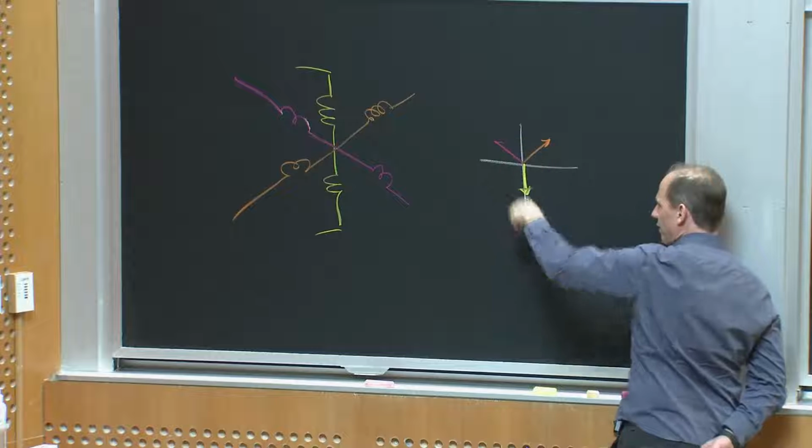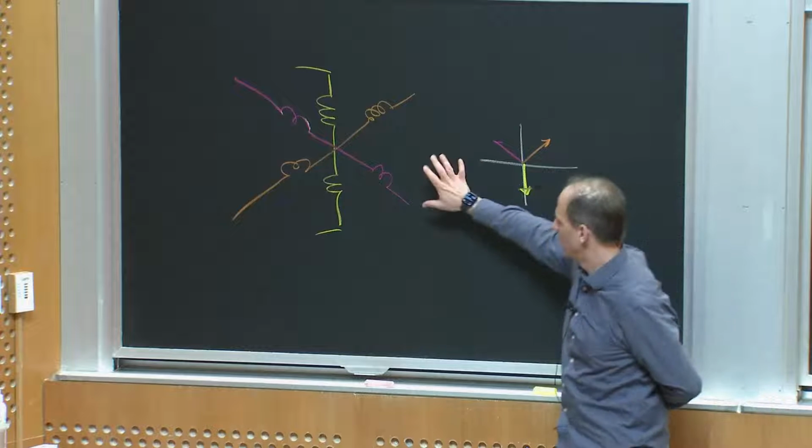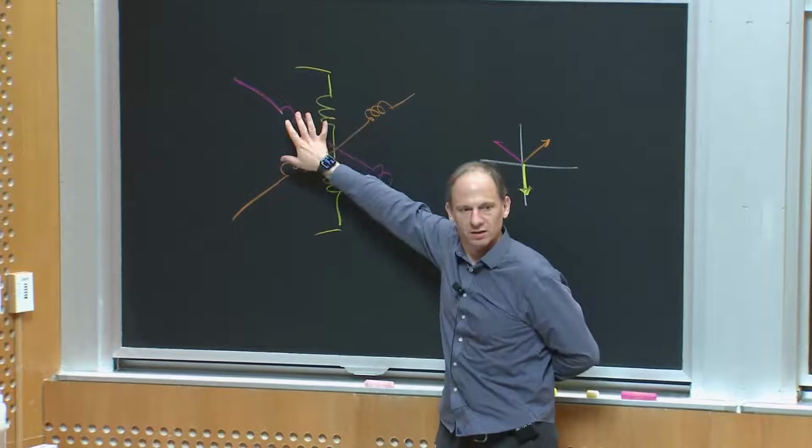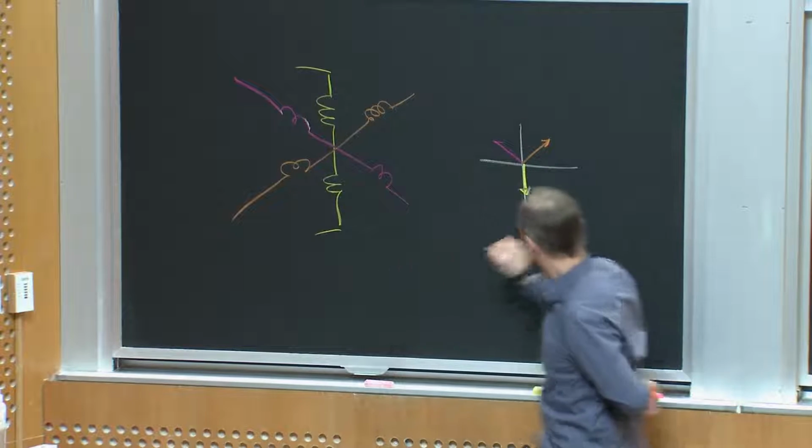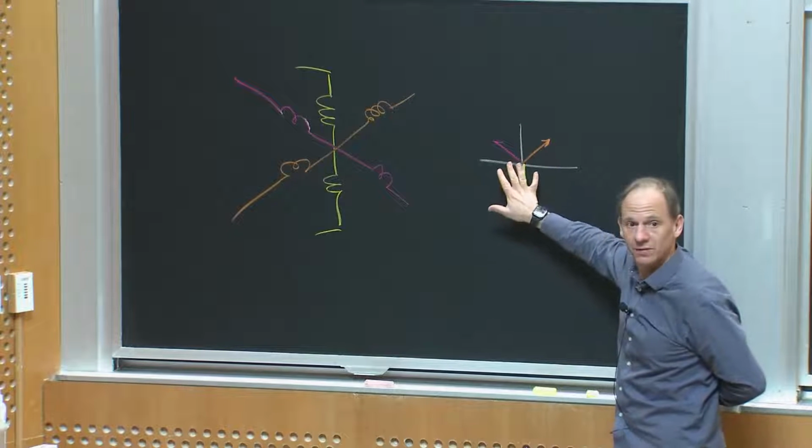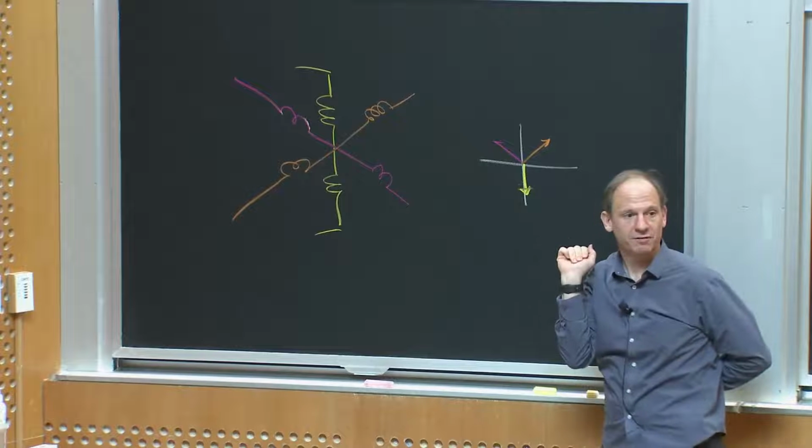And it turns out that if I again make the coils phase shifted in space and phase shifted in time, we can get a rotating magnetic field.